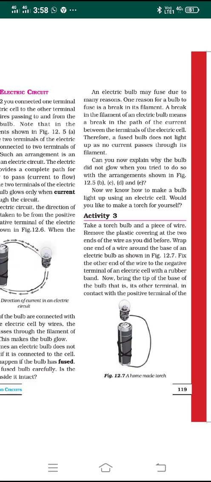Next, look at figure 12.7 and fix the other end of the wire to the negative terminal of the electric cell with a rubber band, or anything you can use to get it connected.